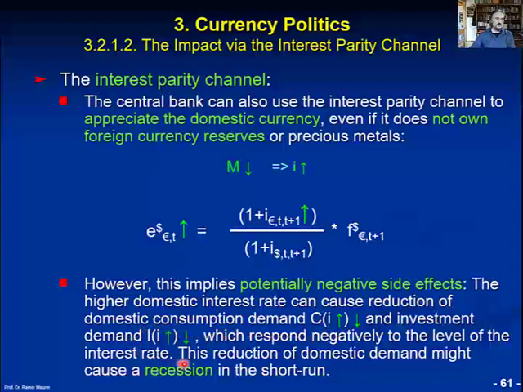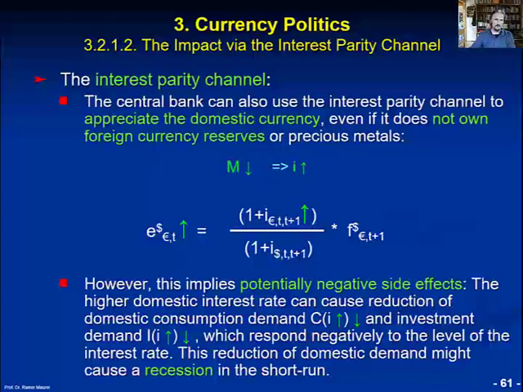For private companies, the interest rate represents the yearly investment costs. Hence, if the yearly investment costs get larger, the investment demand gets smaller. So, the likely side effect of such a policy is that domestic demand might shrink and hence cause a short-run recession, a typical Keynesian demand-side recession.